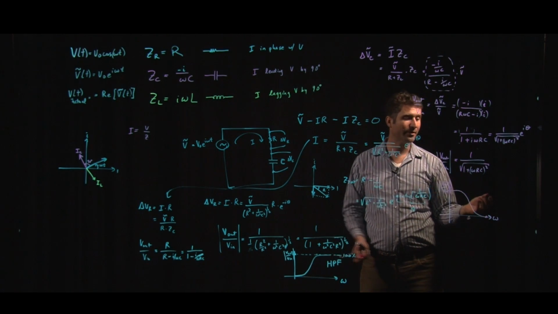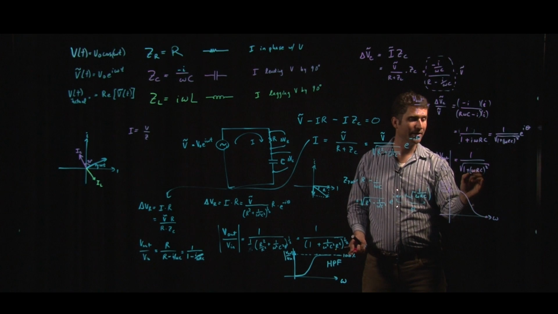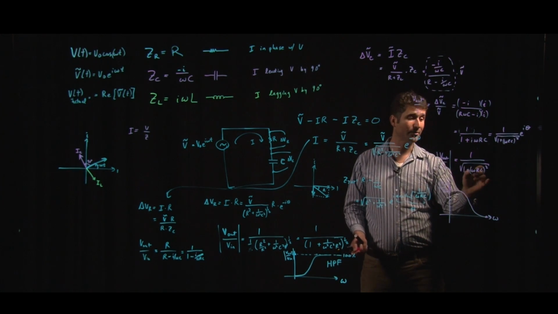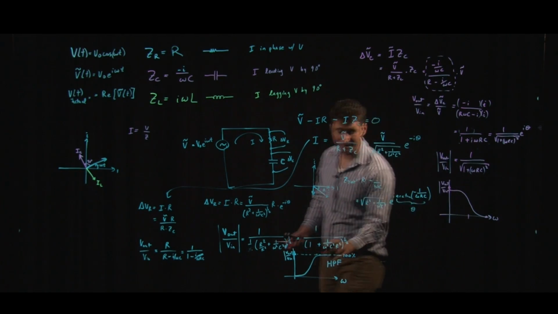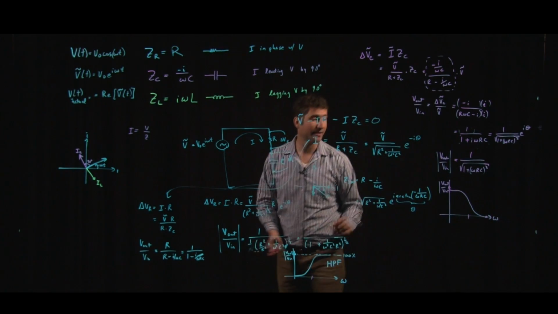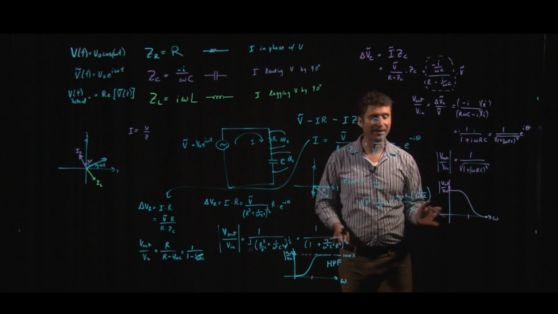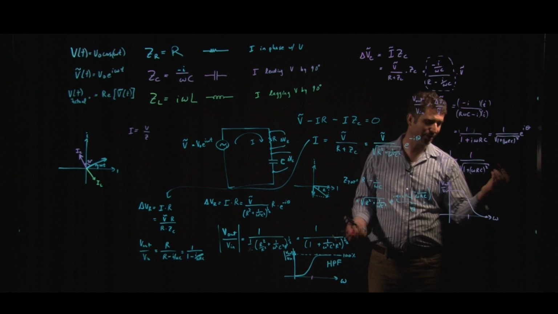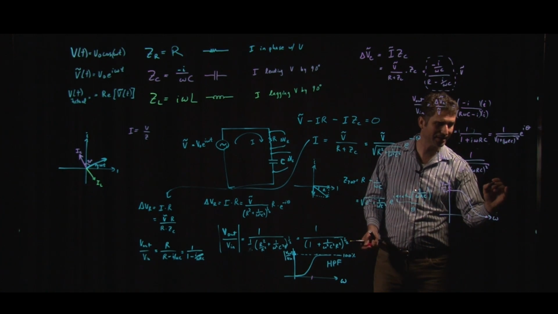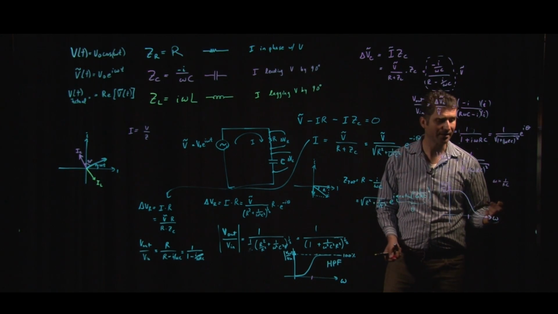And actually, one of the things that we can say is that when omega is approximately equal to 1 over RC, that's the crossover point here, both in this case and in the case over here. Usually the way it's defined is that when omega is equal to 1 over RC, this is called the cutoff frequency.